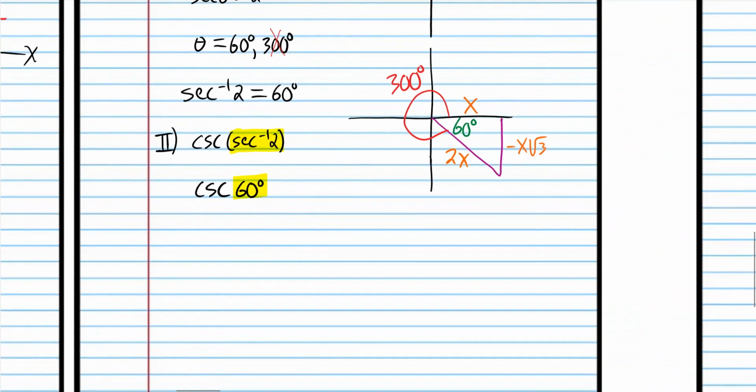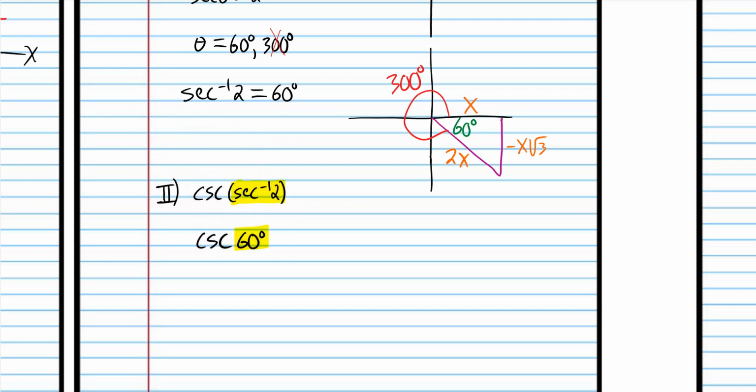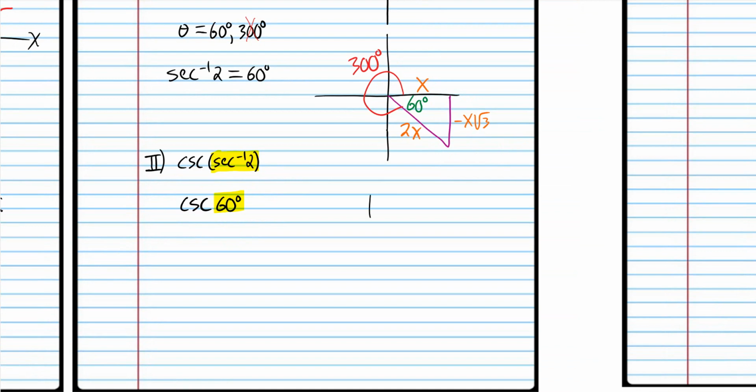And so now we just have to find secant or cosecant 60 degrees. So to do that, let's draw a triangle in the first quadrant. This is a 30, 60, 90 degree triangle.